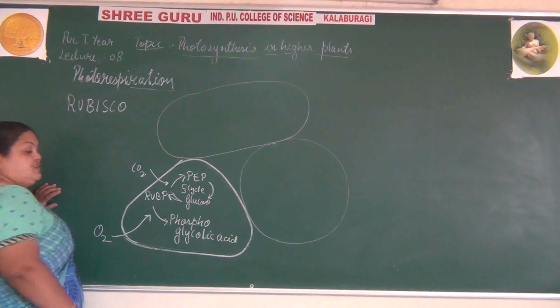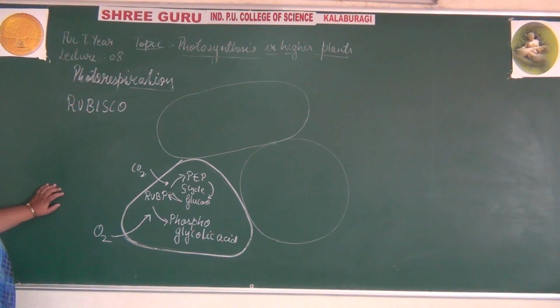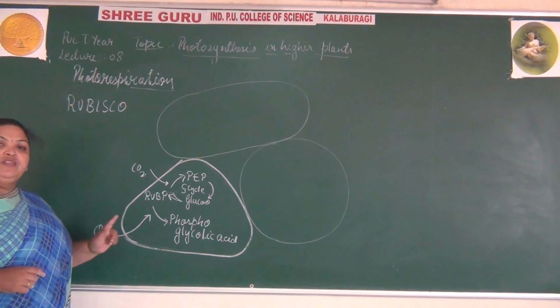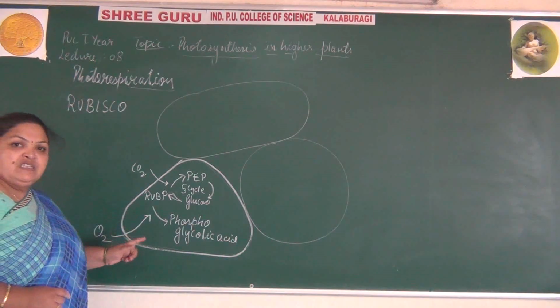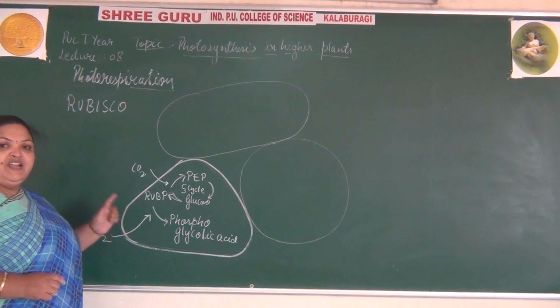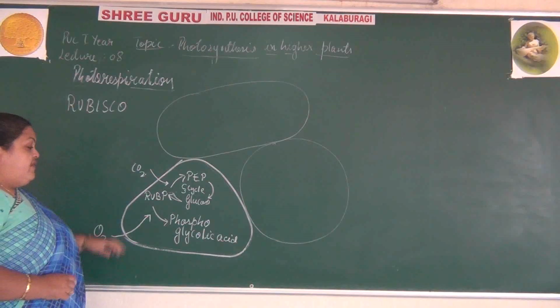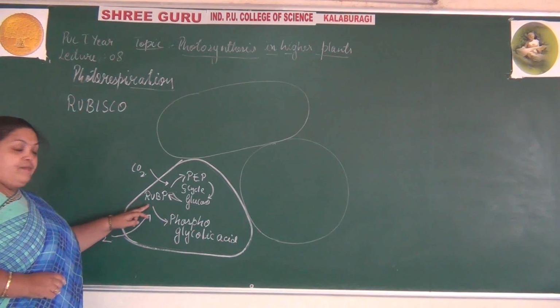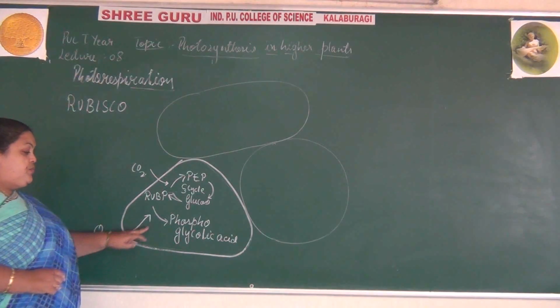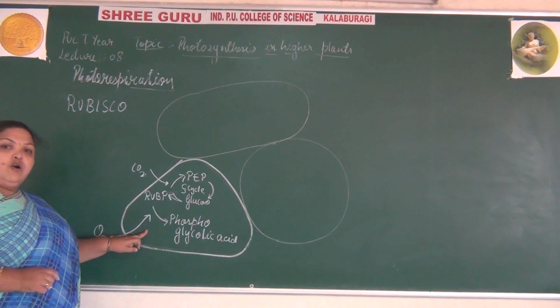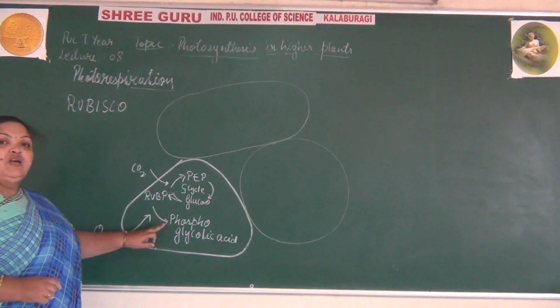It forms 3 molecules of phosphoglycolic acid. I repeat it. If the concentration of carbon dioxide decreases in the atmosphere, then photorespiration occurs, where ribulose biphosphate undergoes the process of oxidation, where it absorbs oxygen to form the product.